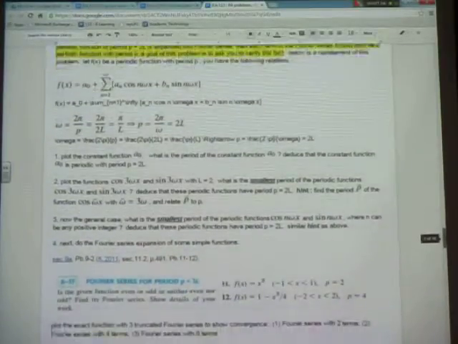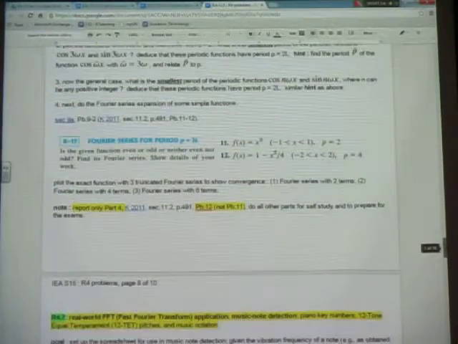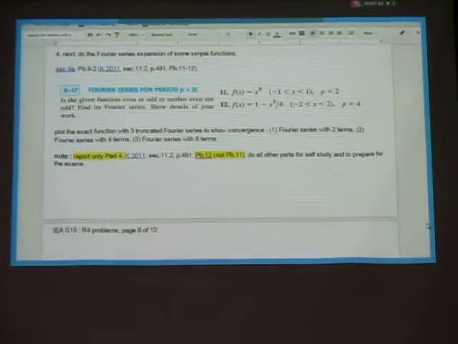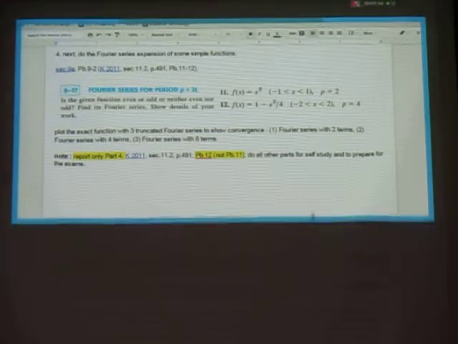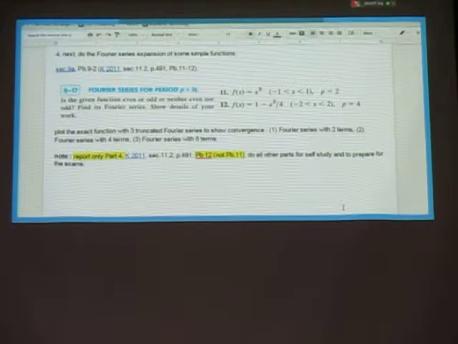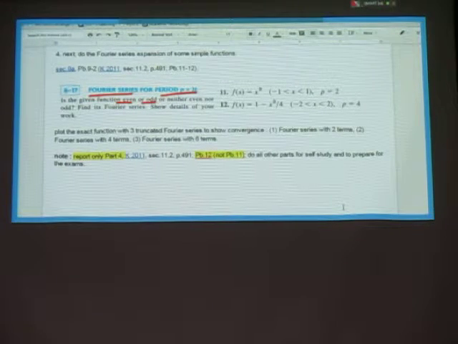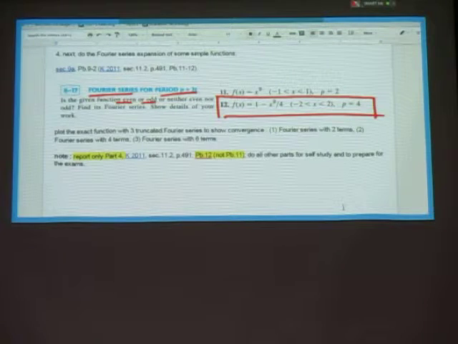Okay, so recall that I already pointed out a few keywords, right? From last time, so you see even, odd, of course you see Fourier series, you see period, and then I asked you to do everything but report only this problem.